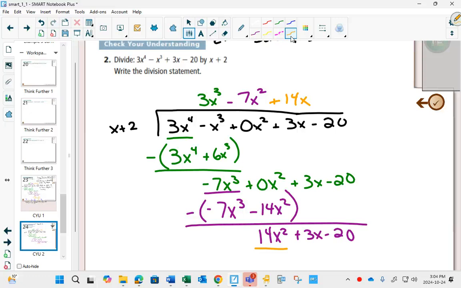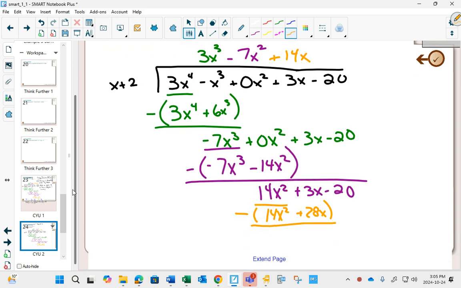It's easy so far so good, right? 14x times x, 14x squared. 14x times the plus 2, plus 28x. Put it in brackets. Subtract. What are we going to get? This will be 0, 3 minus 28, negative 25x. And then you still have the minus 20.